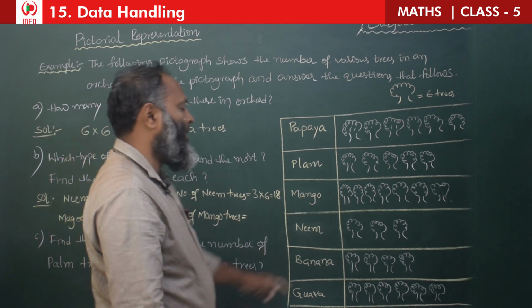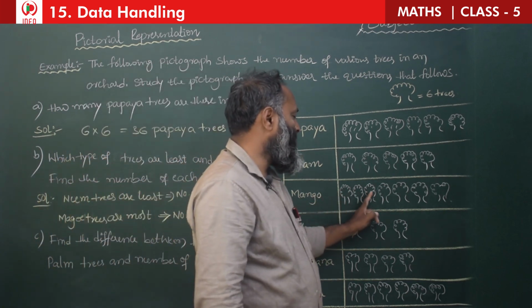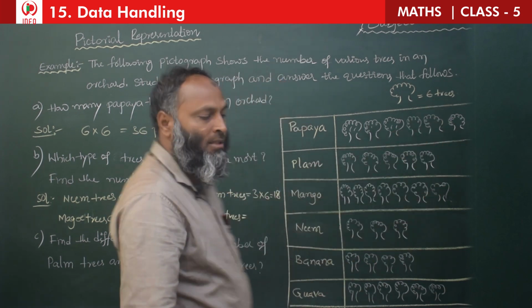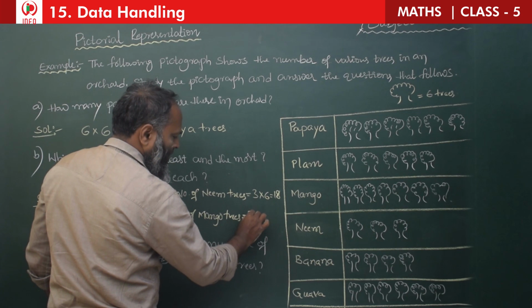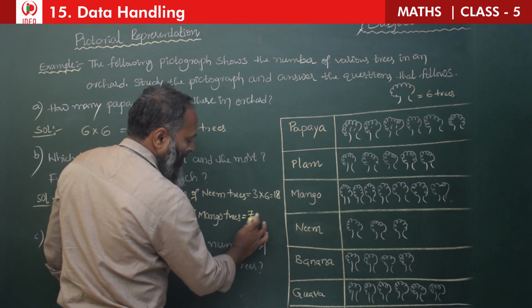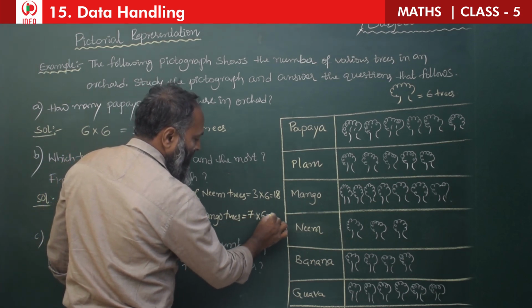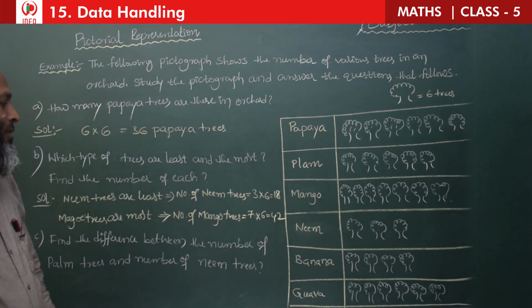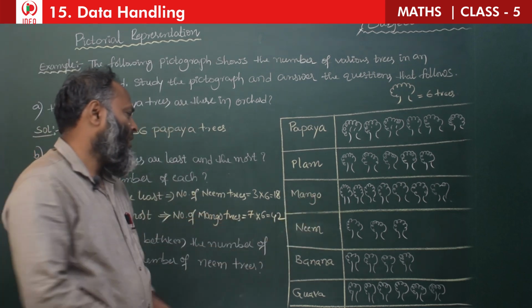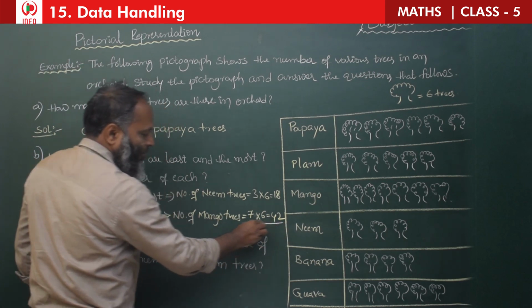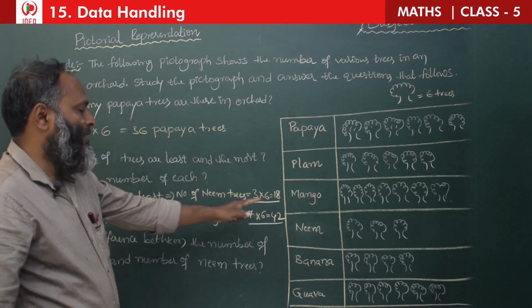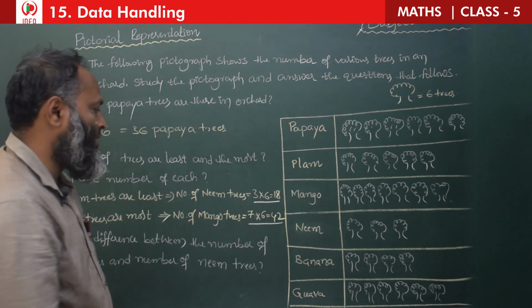Total how many mango trees are given here? 1, 2, 3, 4, 5, 6, 7. 7 we should multiply with 6. 7 sixes are 42 mango trees. So here mango trees 42, neem trees 18. 3 sixes are 18, 7 sixes are 42.